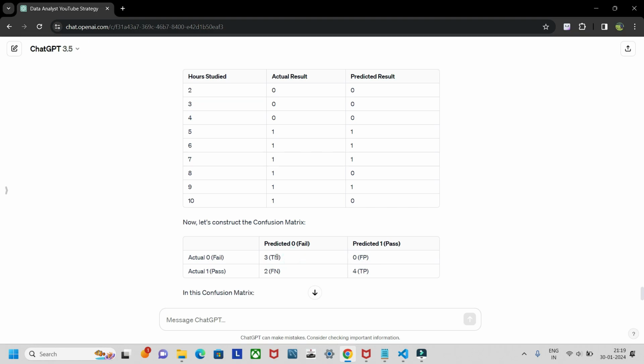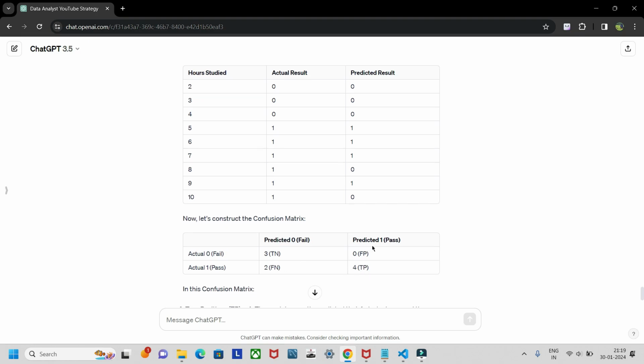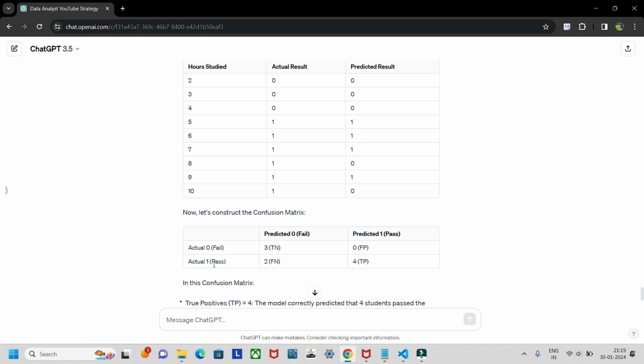So if you look at true negative and true positive, the actual result and predicted result are always the same. But in case of false positive and false negative, you will see the difference here. Actually it has passed, and here it is passed, but it has been given as fail here.